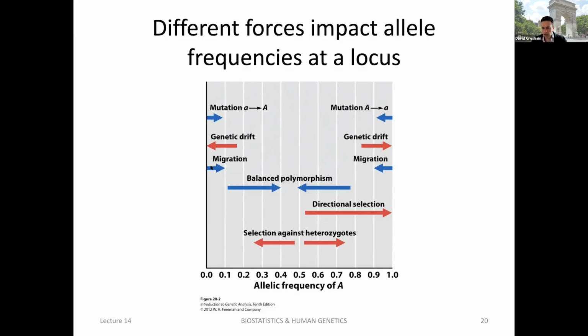So when new individuals move into a population, they can bring in new alleles as well. And so there are all these different interesting forces that are acting on allele frequencies in populations. And in our assignment, we'll study both genetic drift and selection and how that alters allele frequencies.